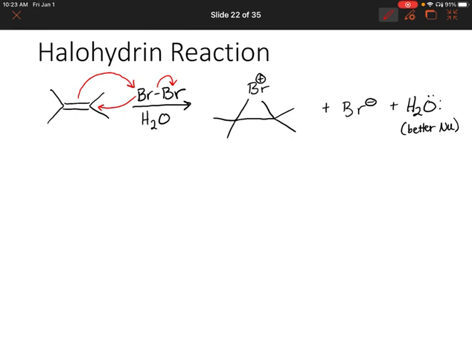Now you'll also notice that the alkene that we started with was symmetrical, so it doesn't really matter which side the water molecule attacks. We'll end up with the same product. So let's say it attacks that carbon on the right. And because the bromine is on top, the water molecule has to attack from underneath. So this is a backside attack, which is SN2. All right, so that's going to allow us to open up that ring on the top.